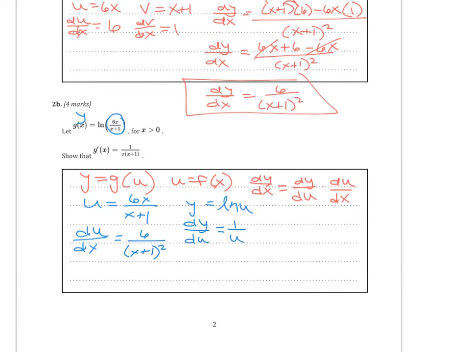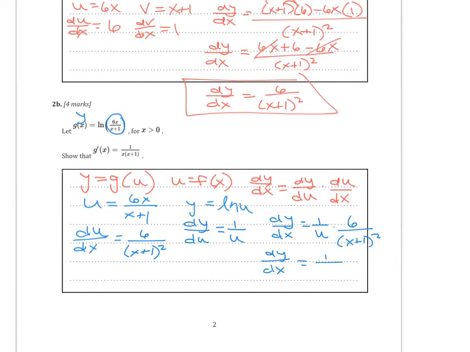And so now we can substitute directly in to that formula. dy du is 1 over u. du dx is 6 over x plus 1 squared. And the last thing I have to do is I have to get rid of that u because we don't want it left in there.